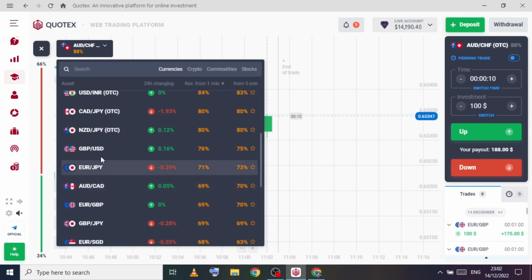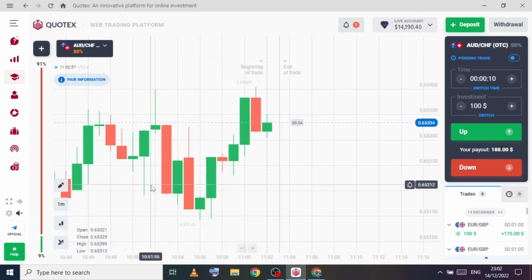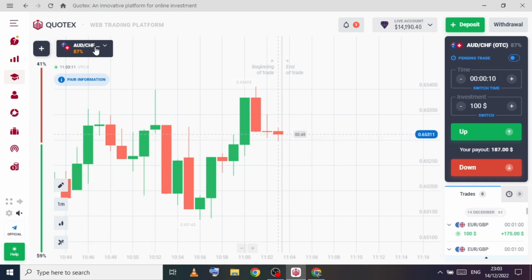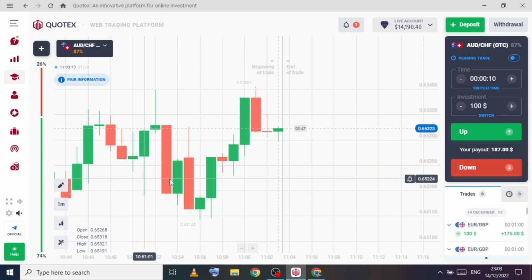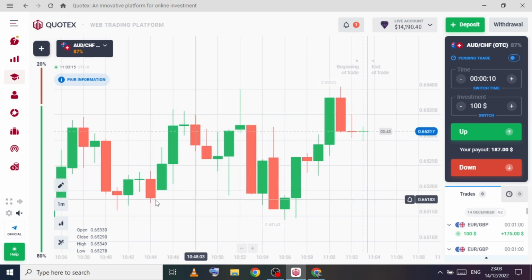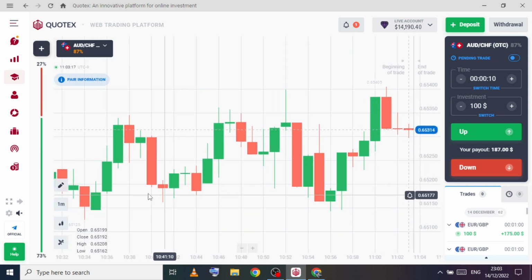Probably maybe this Euro JPY, if you open this asset and then open another platform which you use to analyze the markets, you're just going to see that the price is moving the same. So basically that's that. Just check whether you're on an OTC market or something different.